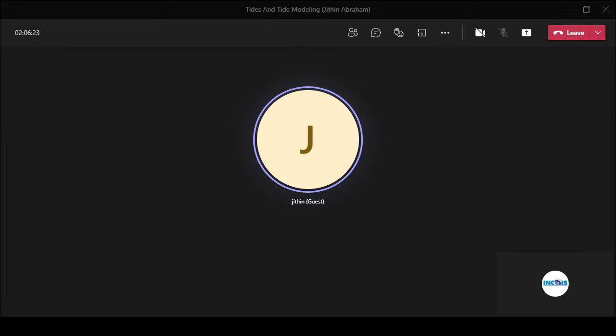And for internal tides from satellites, you can validate the model simulated sea surface heights by extracting the data along the satellite tracks.